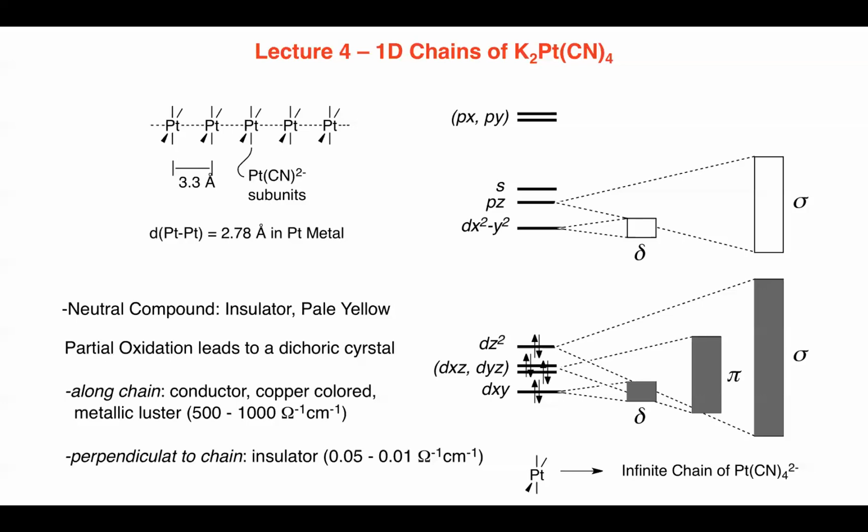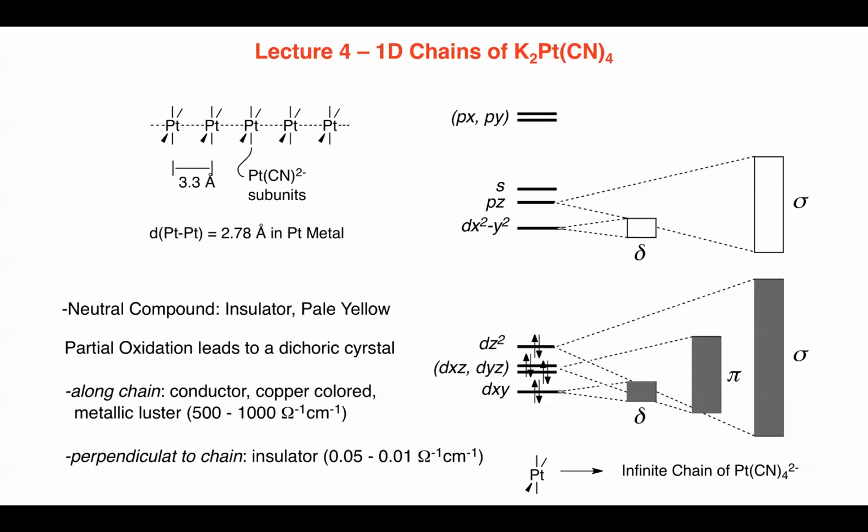But if you oxidize it a little bit, it changes colors. In the solid state, you expose crystals of this stuff to a little bit of bromine vapor or oxygen, and they change colors. If you look at them under a polarizing microscope, when the long axis of the crystals is aligned with the polarization, you end up with this wonderful metallic-looking copper color.